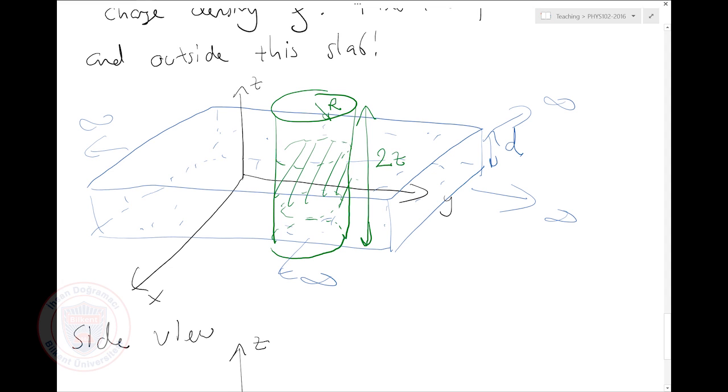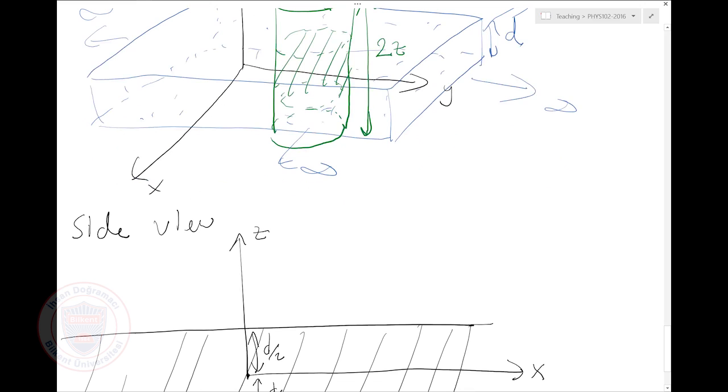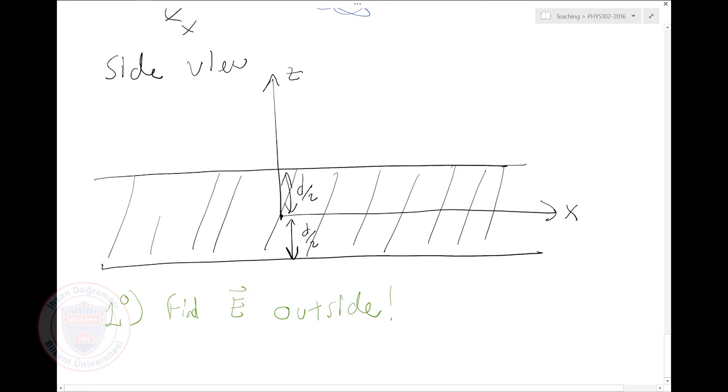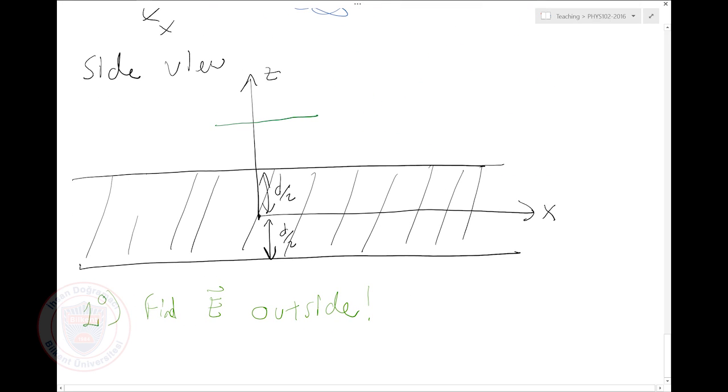The length of the cylinder is going to be 2z. Again, maybe it doesn't look so nice on the three-dimensional plot. So if I look at the system from the side, this is what I'm doing. The Gauss surface is symmetric, so its height is 2z, and its radius is r.